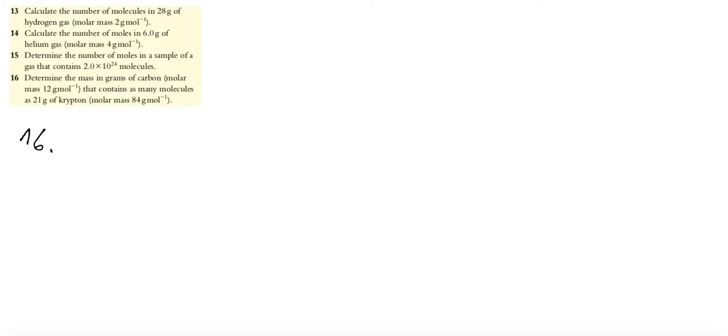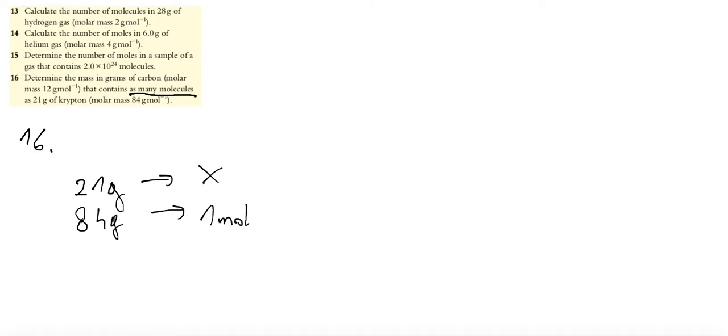So first of all, you have to find the number of molecules in krypton. We have krypton, which has 21 grams. We don't know the number of molecules, and we know that the molar mass is 84 grams. So what does it mean? 84 grams is 1 mole. So by simple proportion, you can find the number of moles of krypton.